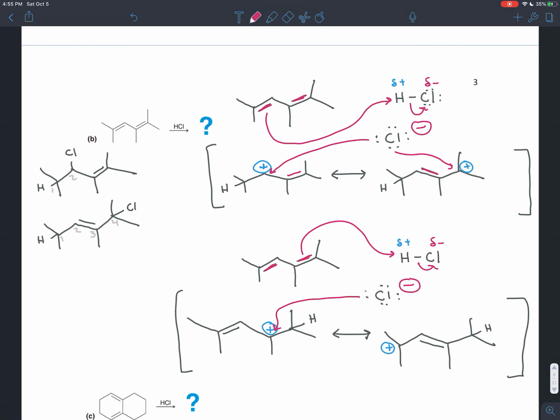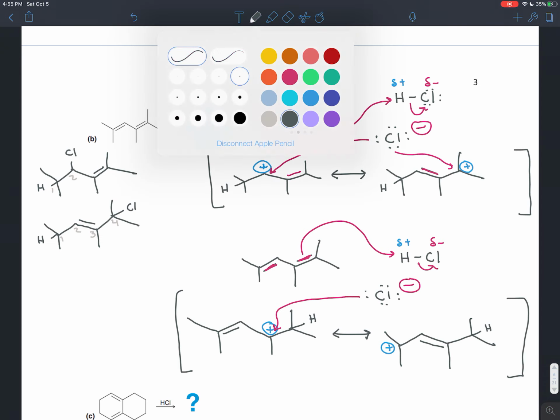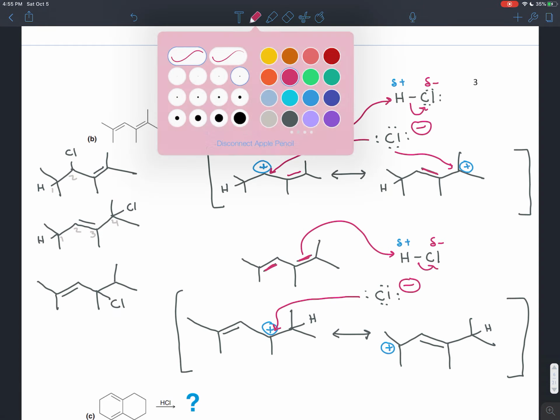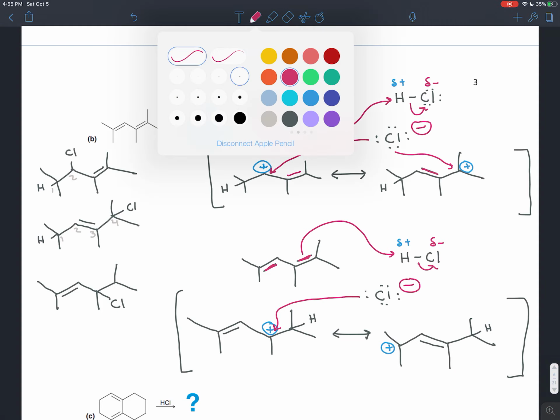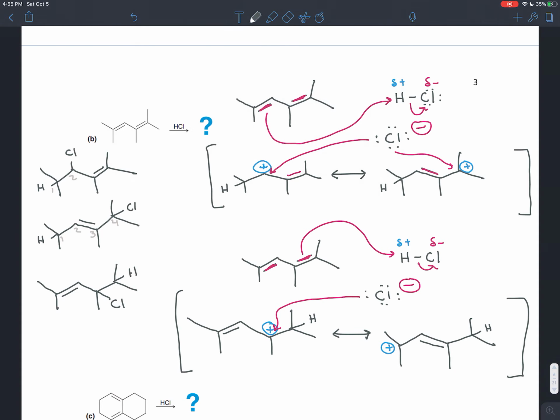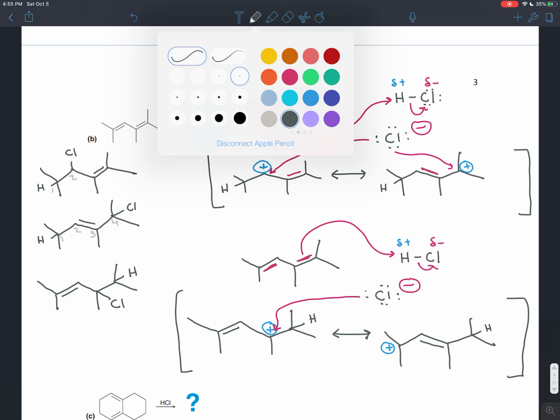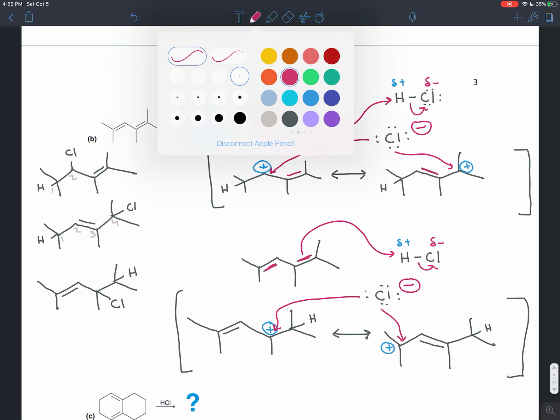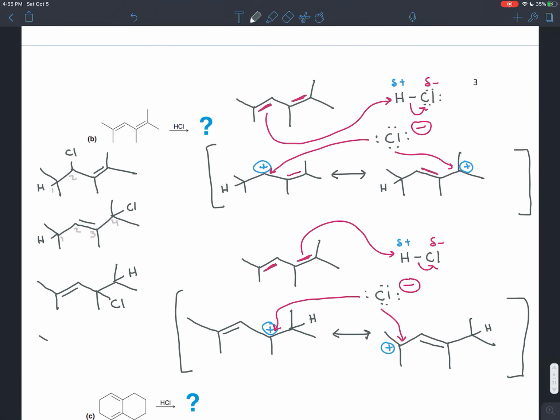So it could attack the carbocation represented in the resonance structure on the left, in which case you would get this first product, or it could attack, and let me just put the hydrogen back in there so you see, the positive charge in the resonance structure on the right, in which case you'd get this next product.